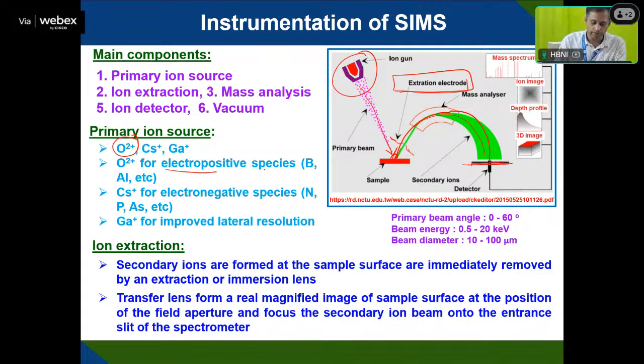Oxygen is used for electropositive elements like boron, aluminum, etc. Cesium plus is used for electronegative species like nitrogen, phosphorus, arsenic, whereas gallium is used for lateral resolution. Looking at the different components, the secondary ions formed at the sample surface are immediately removed by the ion extractor or immersion lens, and the transfer lens transfers a magnified image of the sample surface to the spectrometer, which takes it to the detector.